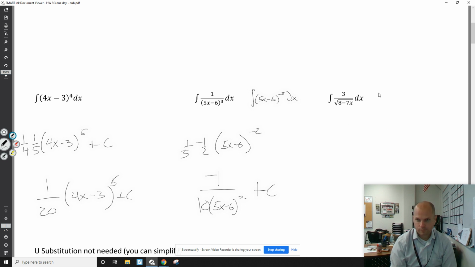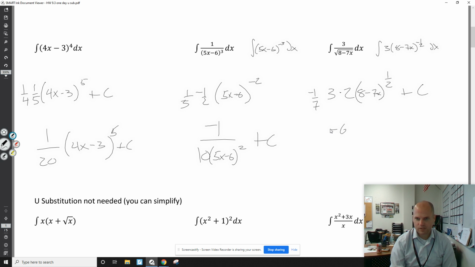Fun one here. Rewrite this as 3 times 8 minus 7x to the negative 1/2. Antiderivative of the outside, positive 1/2. I need a 2. I already have a 3. I need a negative 1/7 to undo the inside.